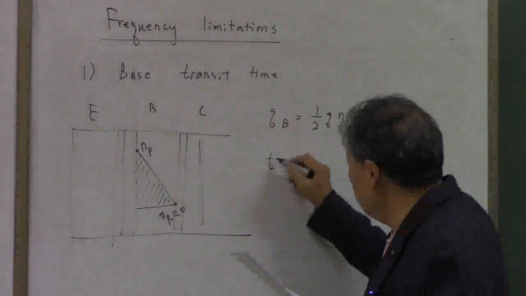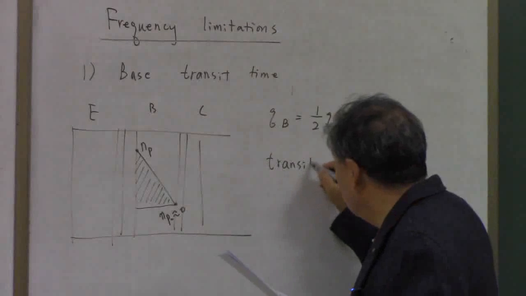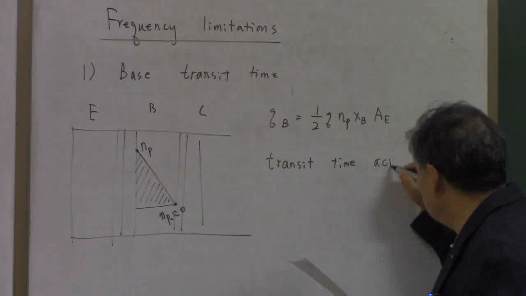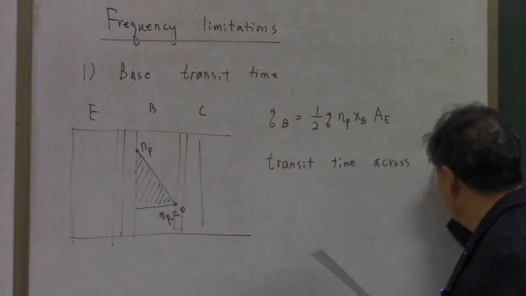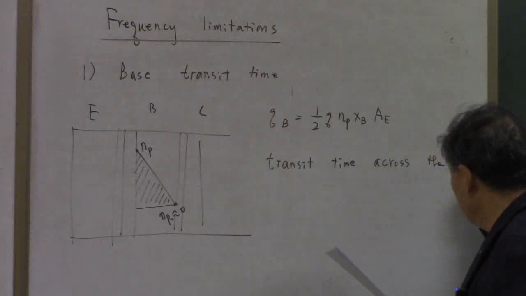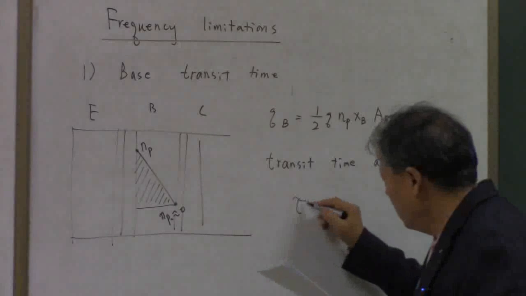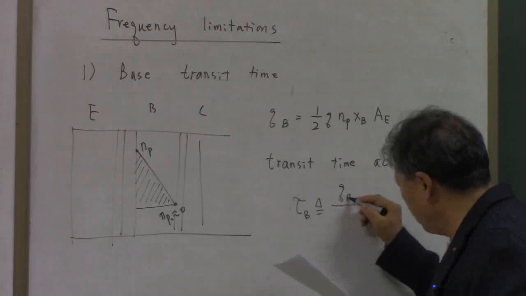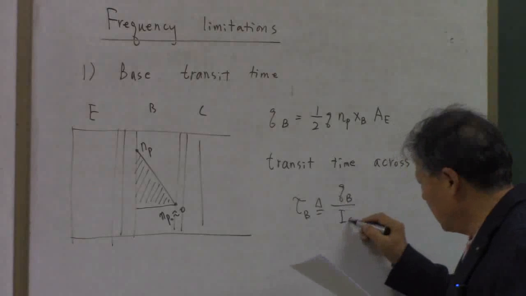The transit time across the base can simply be defined as QB over IC, the current.